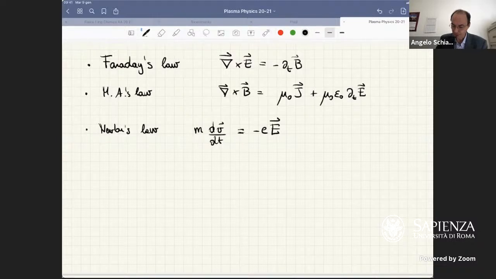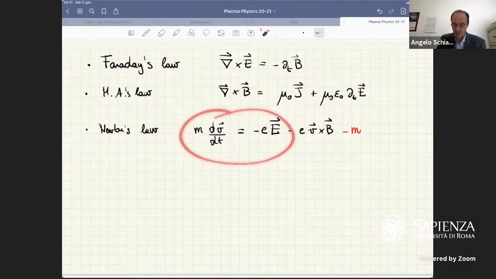We put in the Lorentz force, but we are going to neglect it, as you know, because this is a non-relativistic approximation, but anyway, we write it at least once in order to remember what the Lorentz force is. And then we introduce a term that we are going to discuss after the break. If you remember, when we derived the resistivity, we put in the Newton's law for the electrons a term which was a friction term.